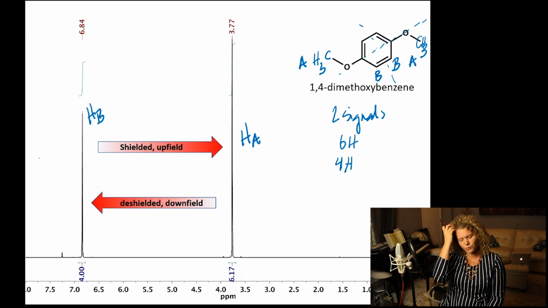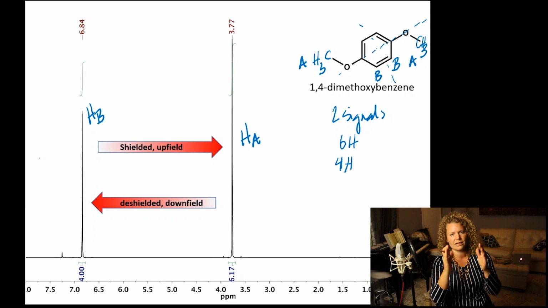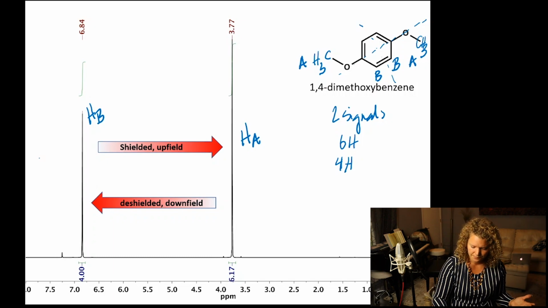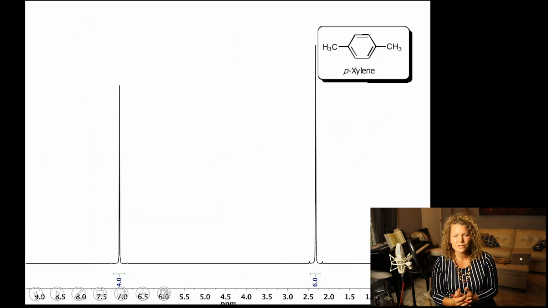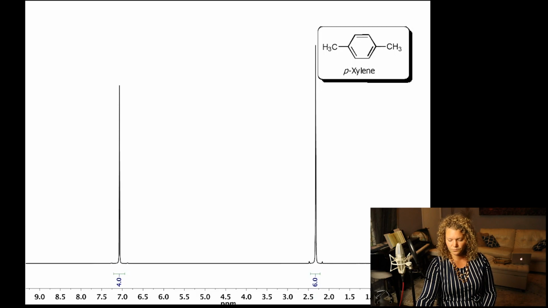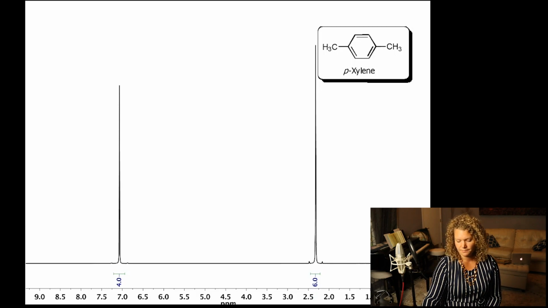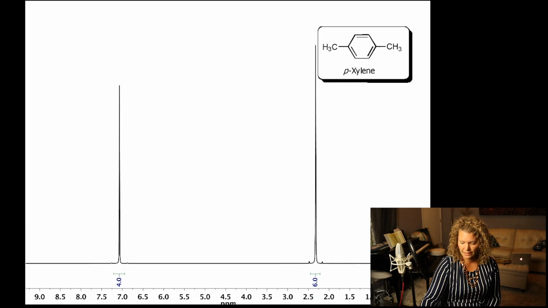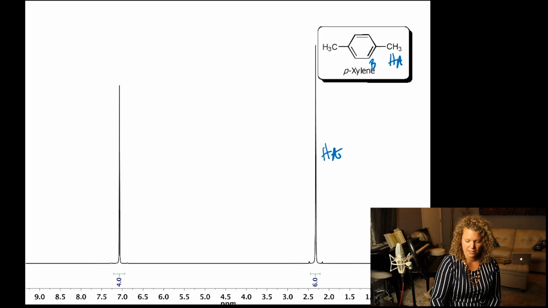Now, one thing that you'll notice is that these are in a different ppm than paraxylene. So what's going on here? Here's our paraxylene again. We have our methyls. Let's do HA, and then we have HB.